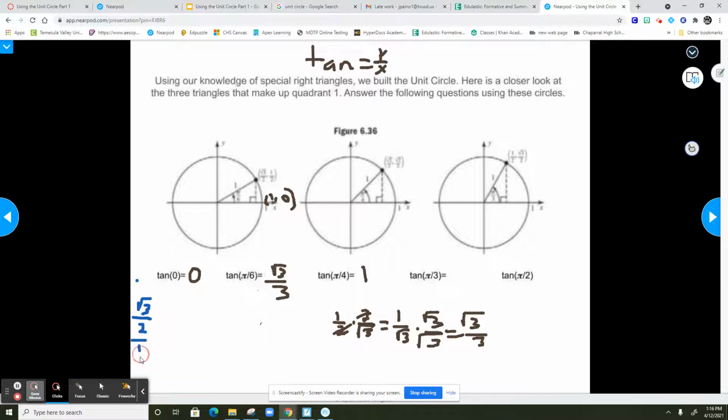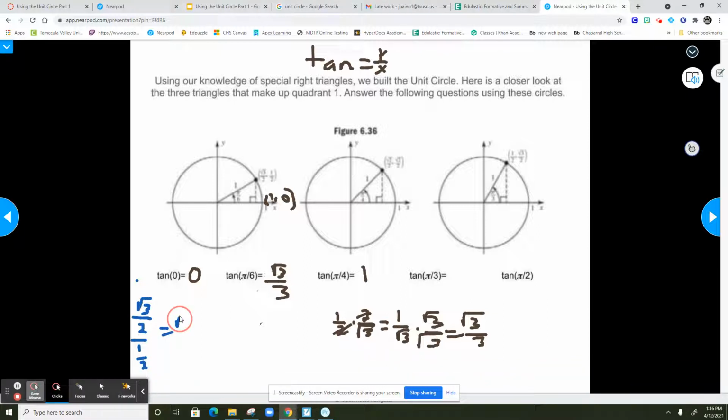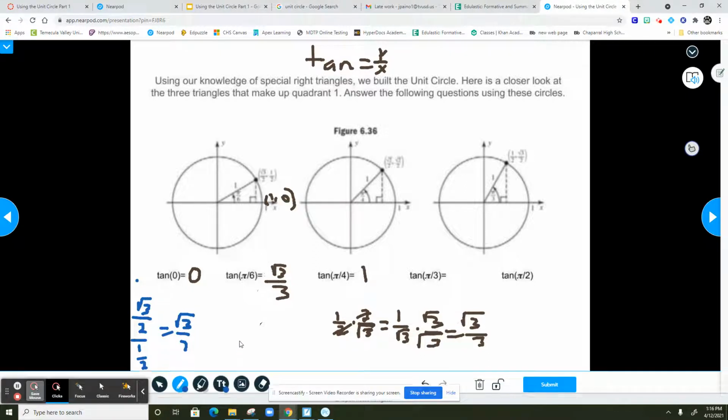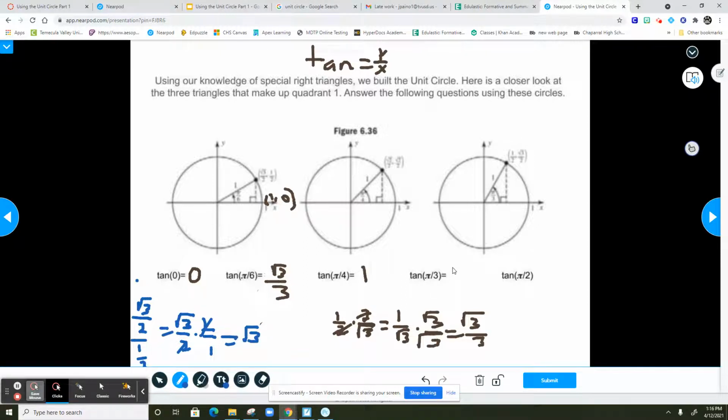So again, if I do all my work, I have to multiply by the reciprocal. So what I have is rad 3 over 2 times the reciprocal, 2 over 1. You can see that the 2's are going to cancel out, and then it's just rad 3. So tangent of pi thirds is just rad 3.